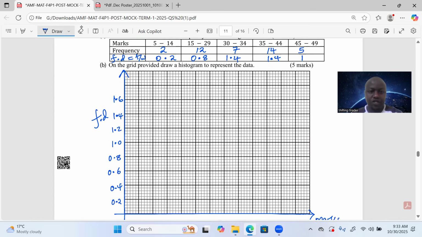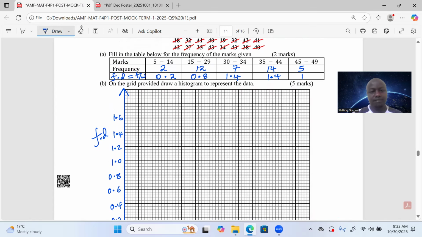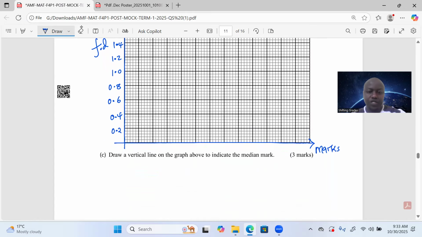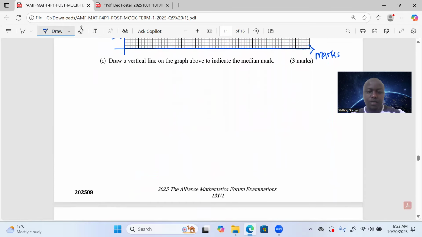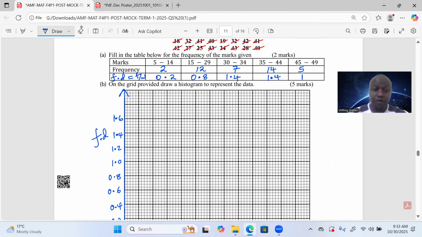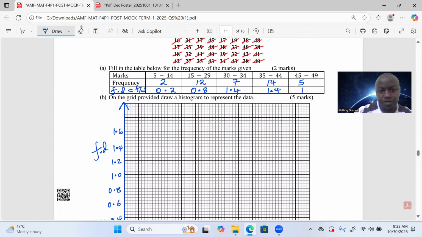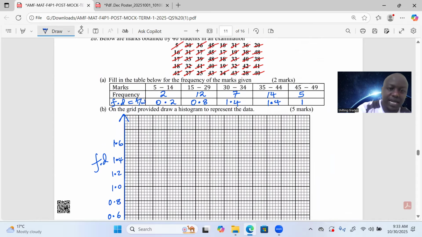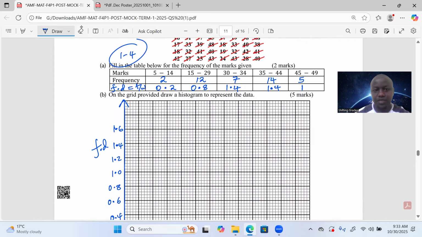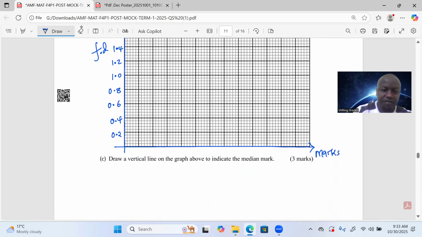What about the horizontal axis? The first class has a lower boundary of 4.5. So we start with 4.5, unless the examiner wants us to draw a frequency polygon, but that is not required.